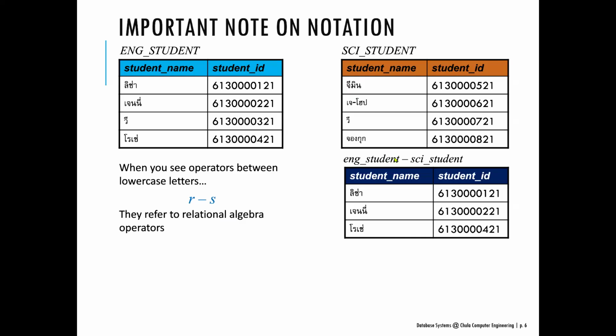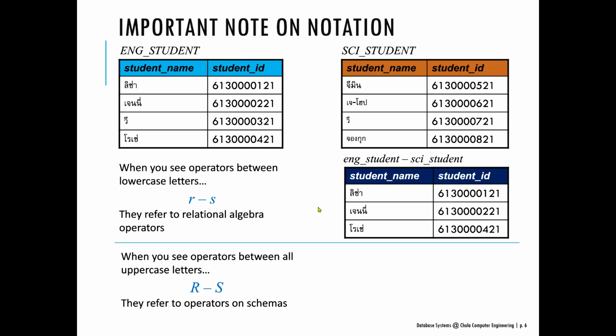So I write eng student in lowercase minus sci student in lowercase as well. What it means is that you take the data within the table and subtract one from the other. So I have eng student less sci student, then I only have Lisa, Jenny, and Rose left, and the others are discarded.